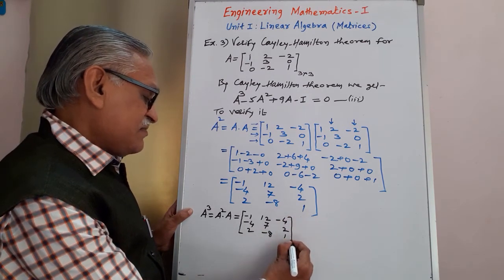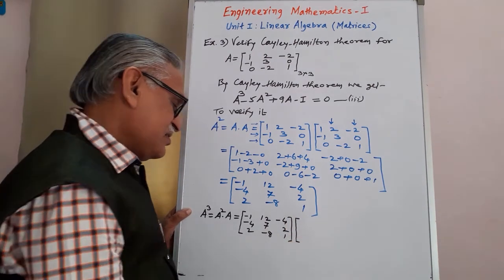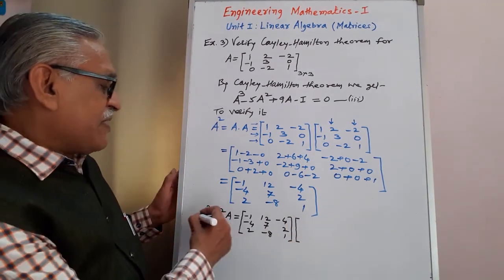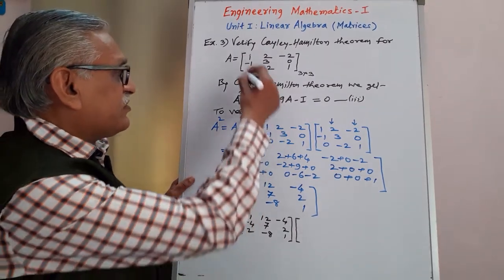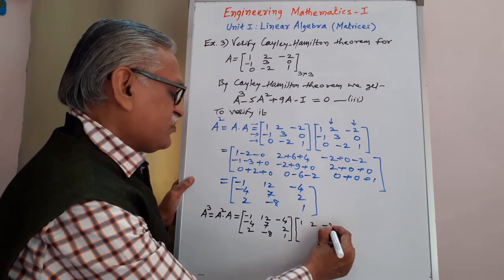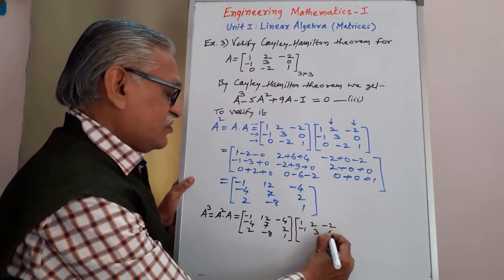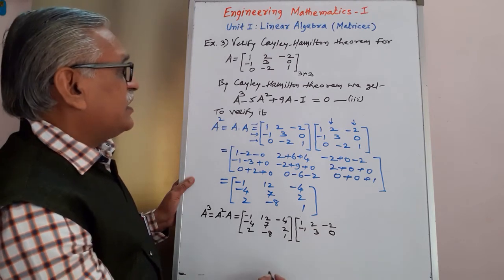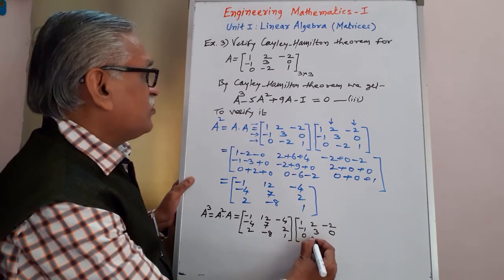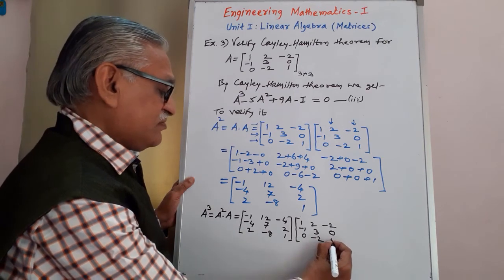It is multiplied by that matrix A, matrix 1, 2, minus 2, minus 1, 3, 0, and 0, minus 2, and 1.